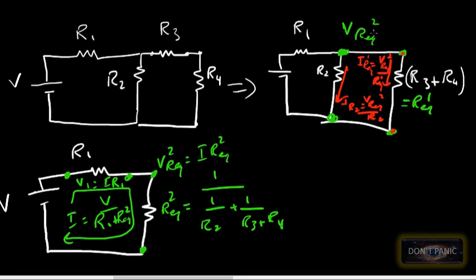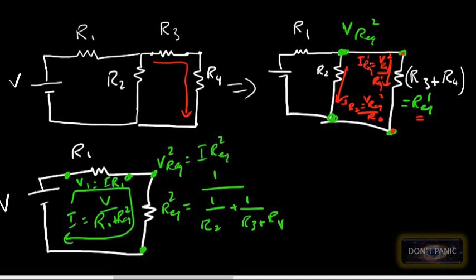So this voltage divided by this resistance is going to give you the current going in this branch. Once we know the current in this branch, this is the same current that's going through R3 and R4, because we just simplified R3 and R4 into one. It's still the same current.